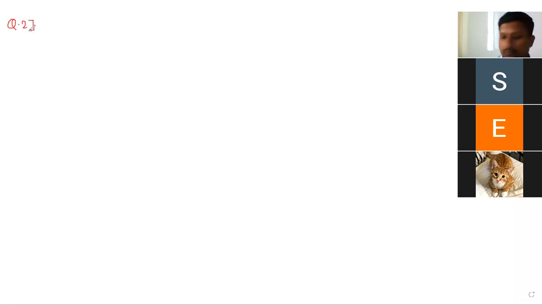Question number 2. Find the value of L. It is also available in the textbook Circuits and Networks by A. Sudhakar and Shyam Mohan Palli. In that book, this example was there.